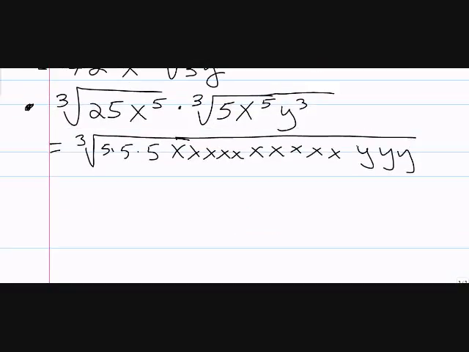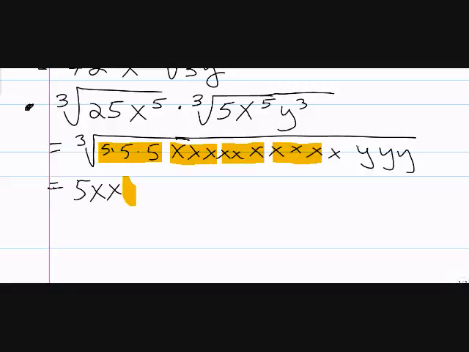I have a cube root, so let me pull out triples. I got 3 5s. So I get to pull a 5 out. Let me pull out my x's. 3 x's. Pulls out an x. Another 3 x's. Pulls out an x. I love the highlighter. Another 3 x's. Pulls out a third x.